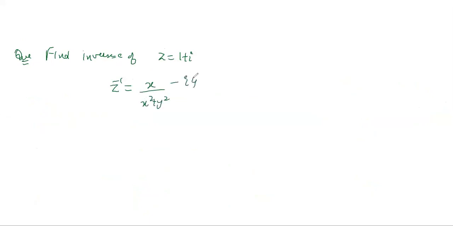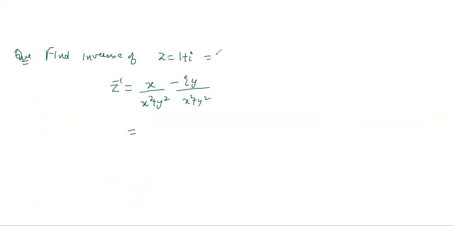Like you can have any example, say find the inverse of z is equal to 1 plus i. So can you do that calculation? Suppose this is the question. So you need to give me the value of z inverse. So this is x over x square plus y square minus i y over x square plus y square.